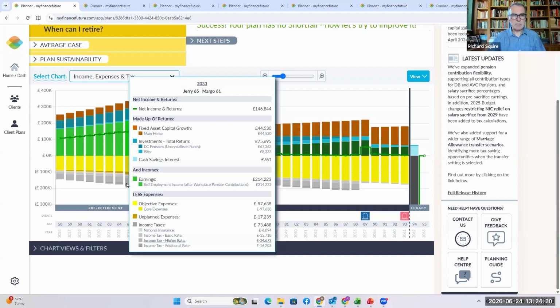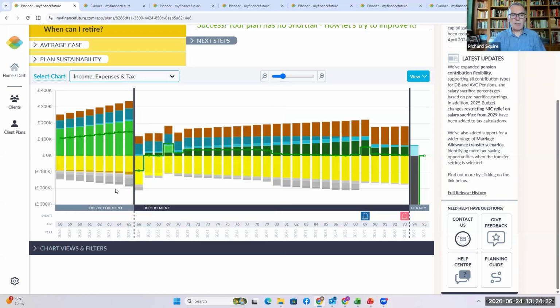So there's a mitigation opportunity there. And it's worth reflecting also that we've got this imbalance between Margot and Jerry in their pension assets, which may create an opportunity. So there are those three things it's worth us potentially taking a look at.